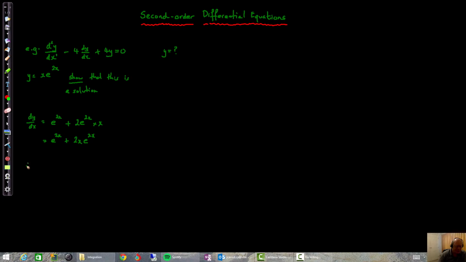And now our second derivative. Deriving this function here, because that's just a straight function, we just need to derive that, and then this, and on this part we'll need to use the product rule again. Starting with this bit would be 2e to the power of 2x.